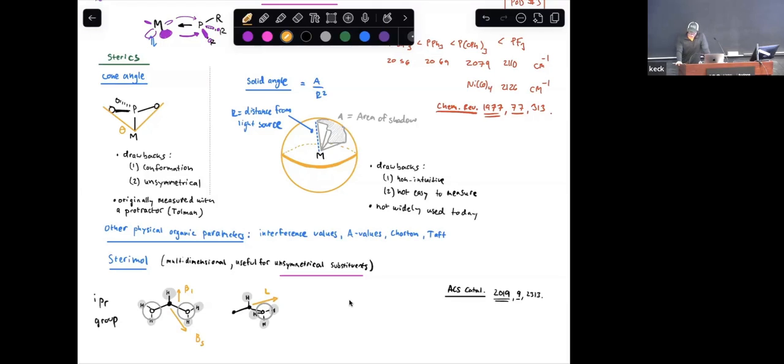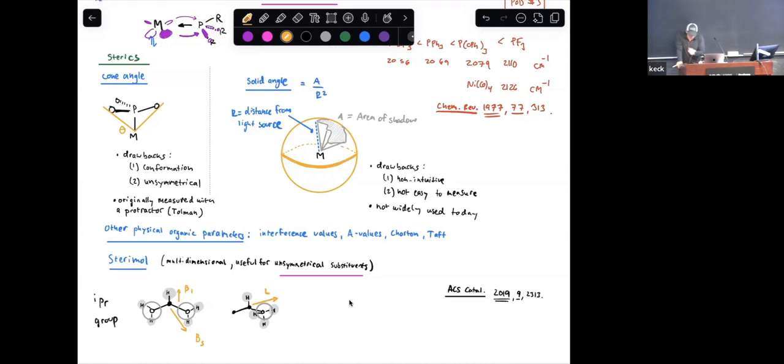The limitations of cone angle have prompted the community to think about other descriptors. Those disadvantages are, one, we know that any organic molecule is dynamic and phosphine ligands are no exception. Let's imagine a simple case where one of the groups on a phosphine is an isobutyl group. If the isobutyl group is facing this way or this way or this way, each of those has a different cone angle.